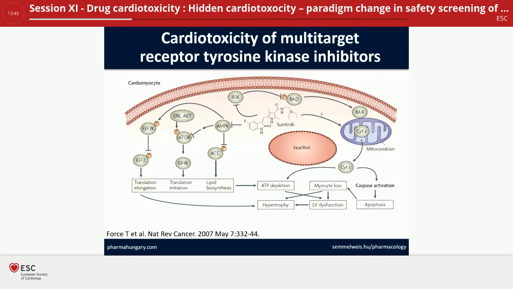This is also some assumption, but finally again there is mitochondrial dysfunction and damage, and some apoptosis might occur, but the mechanism seems to be very complicated, and there are not too many new data on them actually. PI3 kinase is not shown here, but it has been involved in some of the toxicities as well. That's why I think Emilio Hirsch got this LEDUC grant to follow up on that.